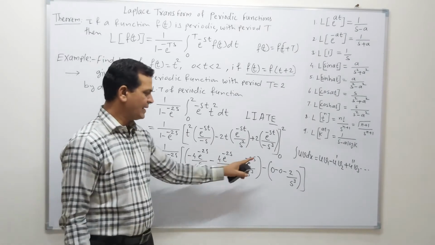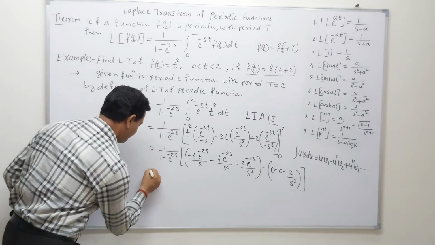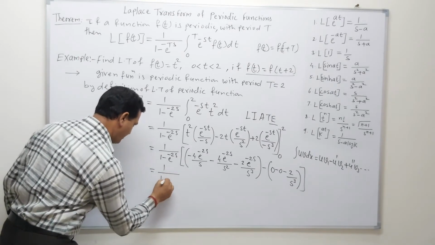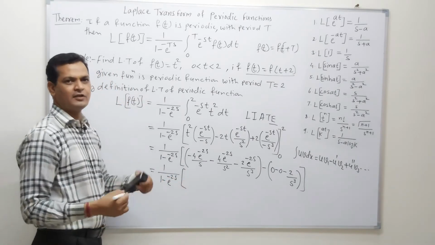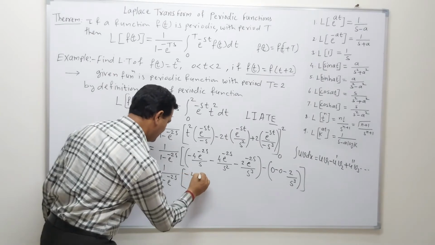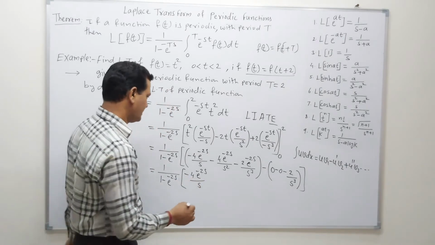So after putting the value of upper limit and lower limit, just simplify this equation. If we try to simplify this equation, then we get this as 1 upon 1 minus e raised to minus 2s, then in bracket just simplify, so we get this as minus 4 e raised to minus 2s upon s, first term as it is.